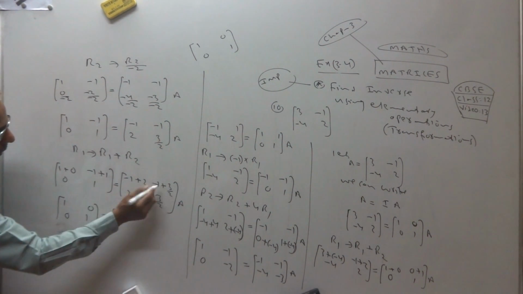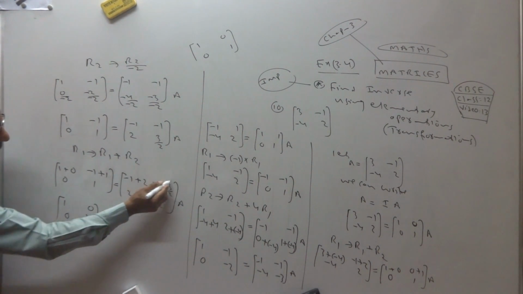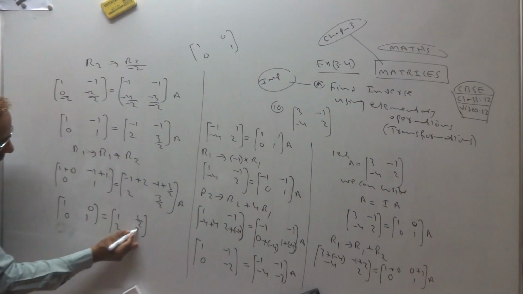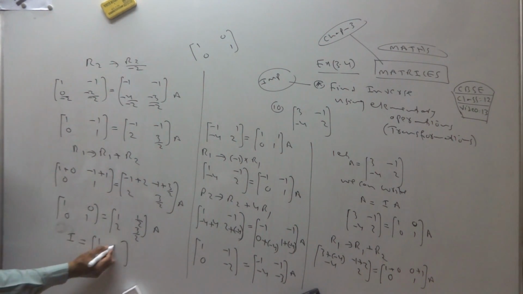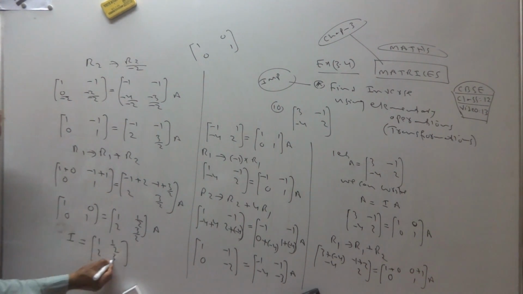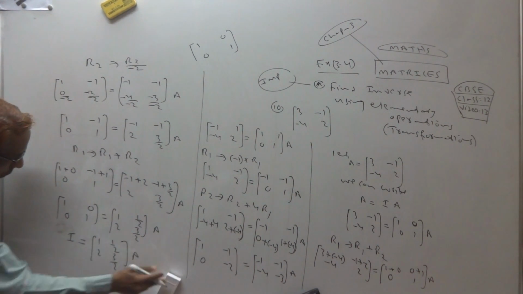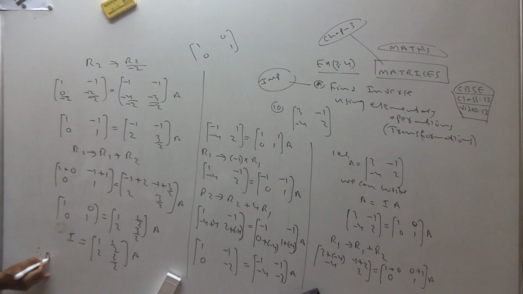Finished. This is I, and this is A inverse: 1, 1 by 2, 2, 3 by 2. This is the answer. Clear?